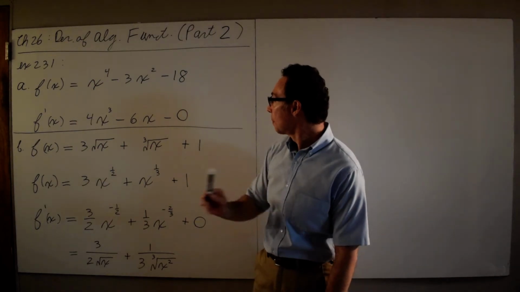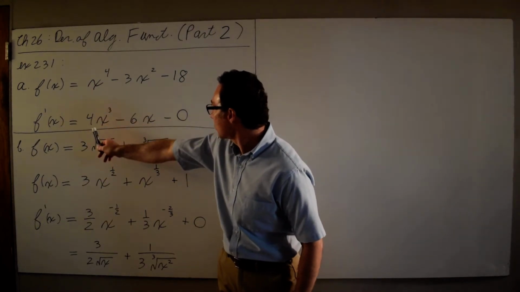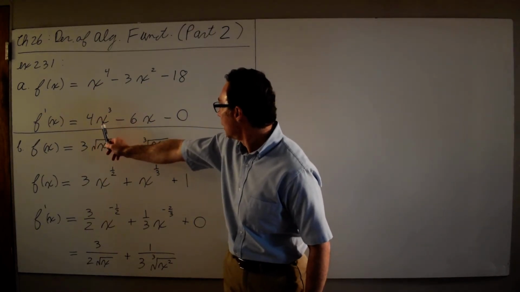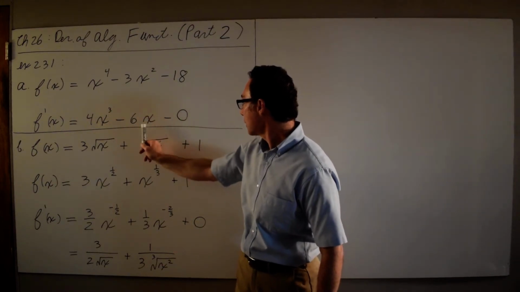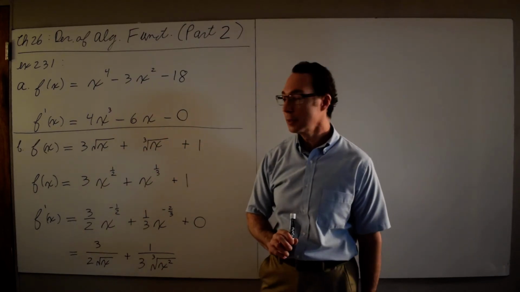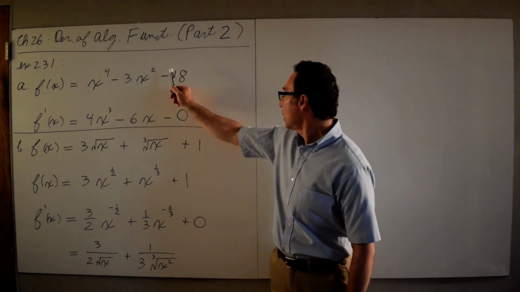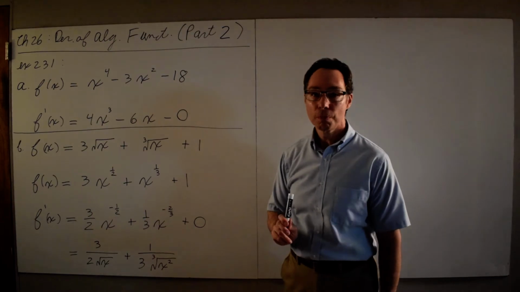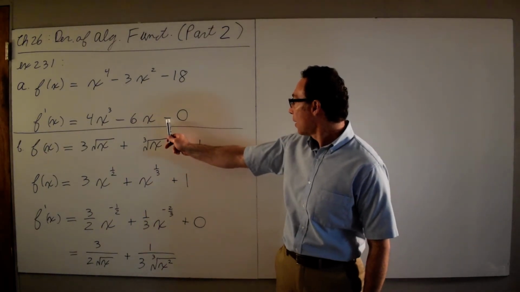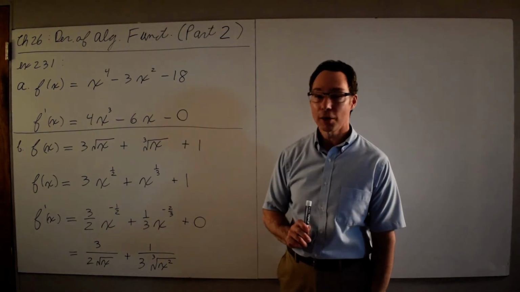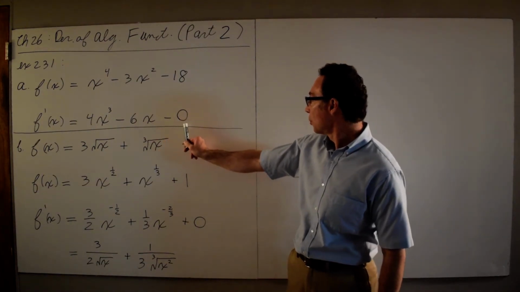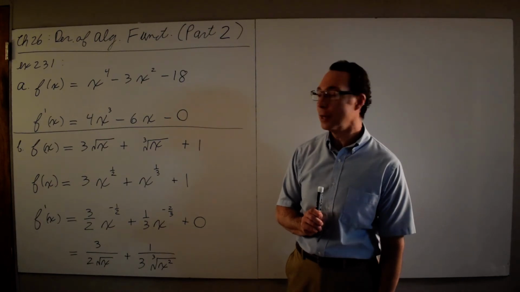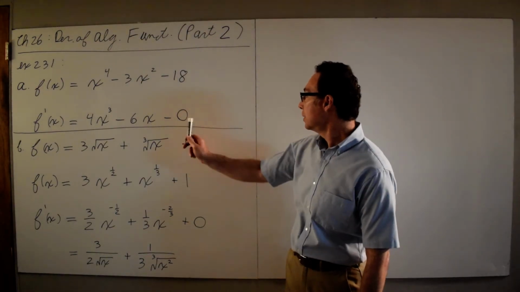The derivative of x to the fourth is 4x cubed, and now we subtract the derivative of 3x squared, which is 6x, so we subtract 6x. And the derivative of a constant is 0, which is why we have this minus 0 here. This is optional, but I always write this on the board so when you look back at your notes later, you don't say, well, what happened to the 18?